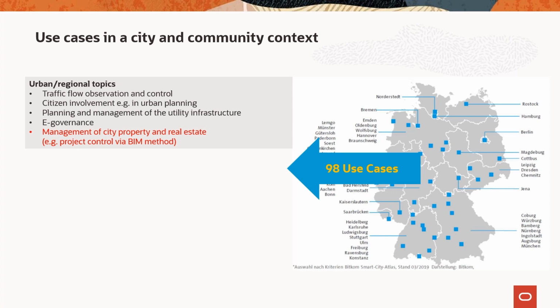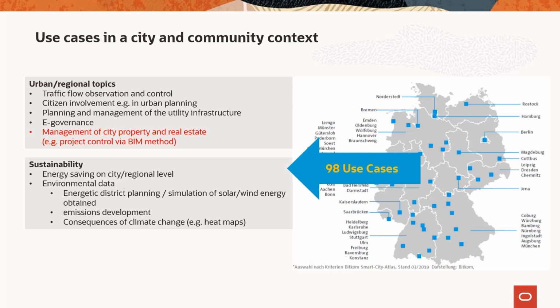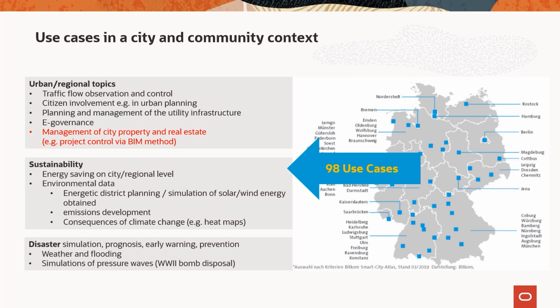A first indication that digital twins and BIM may have a strong connection. And then, of course, unsurprisingly, several sustainability topics and also disaster prevention use cases. So let's focus on what BIM can do.